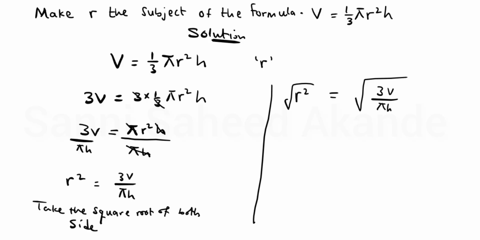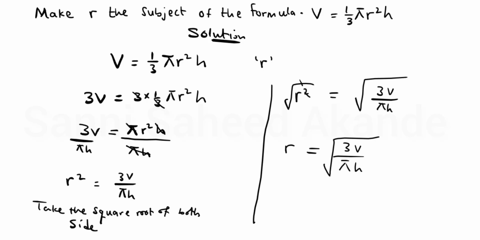Okay, this will take care of this. We are left with R to be equal to square root of 3V divided by pi h. So that is our answer to this question. I hope you understood this example. Now, if not, let's take a look at another one.